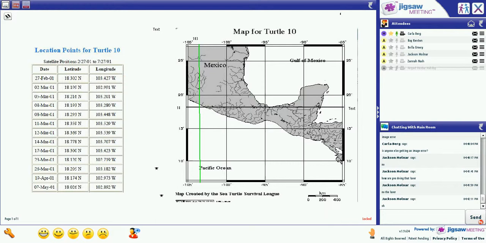So I am going to choose my circle. I am going to make a red mark at about 18.3 and 103.47. And that is about my point. And then next to it, I am going to mark point 1.